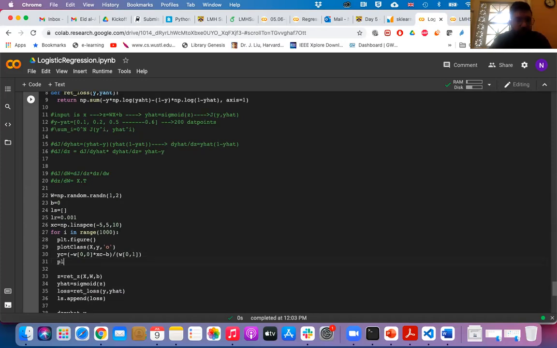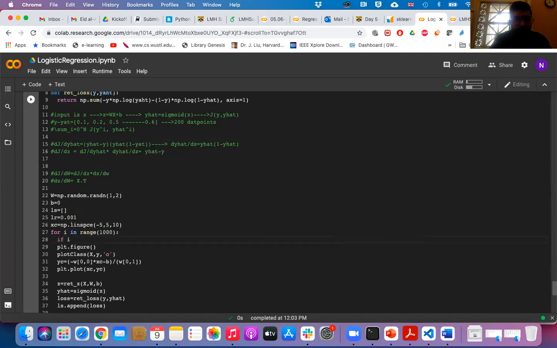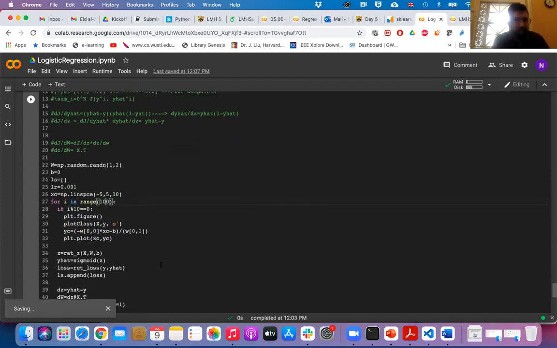And then here I do plot xc and yc. I probably don't want to do it each iteration, so I will do it if i mod 10 is equal to 0. So every 10th iteration, and I think that's probably a little too much. Let's give it 100. Let's not give it too many iterations. So I will have 10 figures, and let's see what we have here.